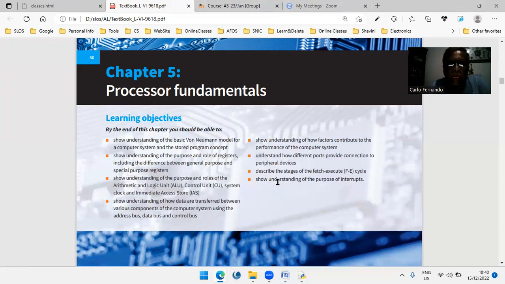Then you will also understand how factors contribute to the performance of the computer system. Performance is not like how you sing a song or give a speech or something like that. It is the efficiency of the performance. The computer performance is input data, process, output, and store if necessary.